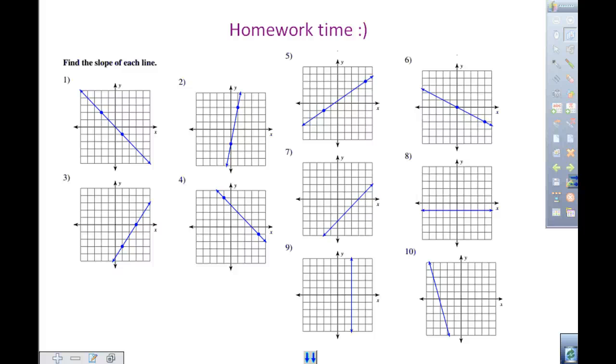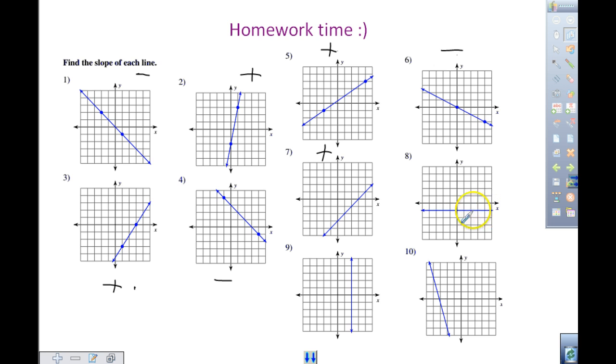All right, as I mentioned, good method: put the sign first. Is number 1 positive or negative? Negative. Number 2? Positive. Number 3? Positive, it's going up. Number 4? Negative, it's going down. Number 5? Positive. 6? 7? Positive, it's going up. 8?